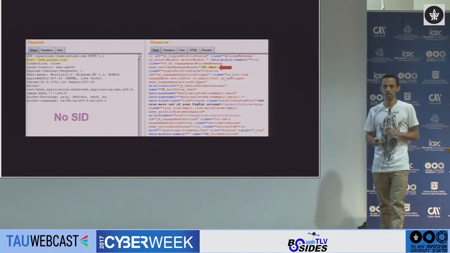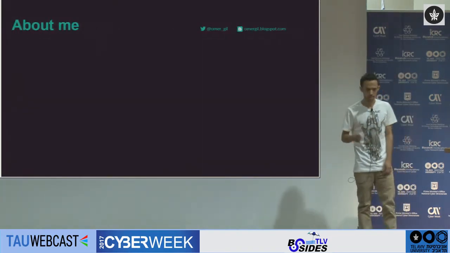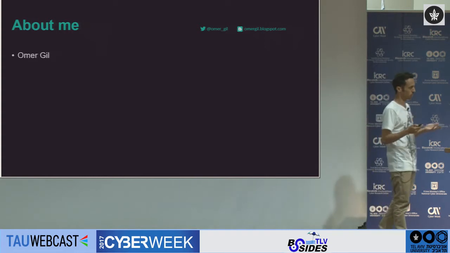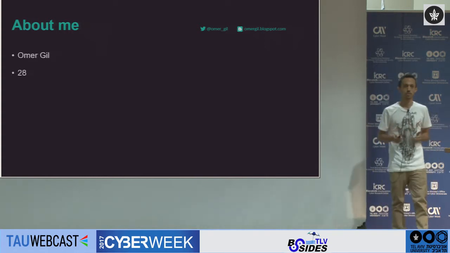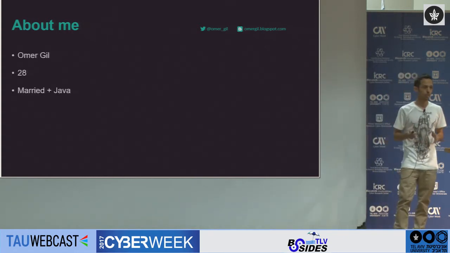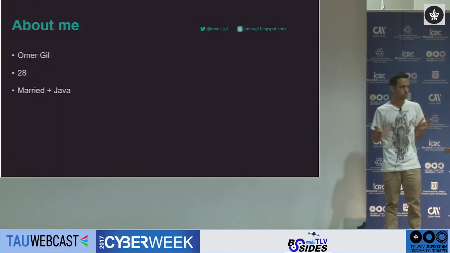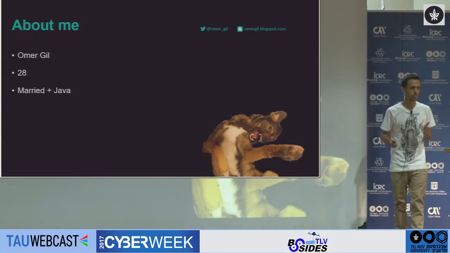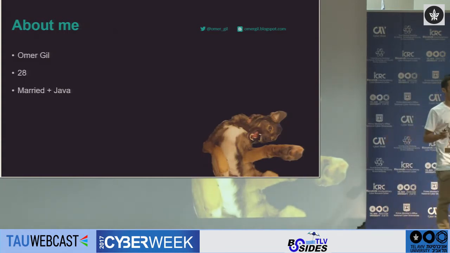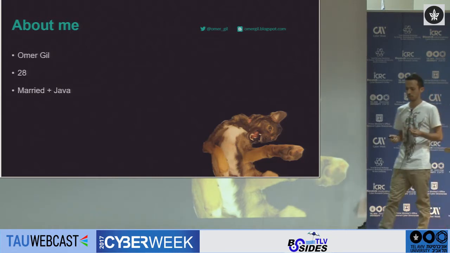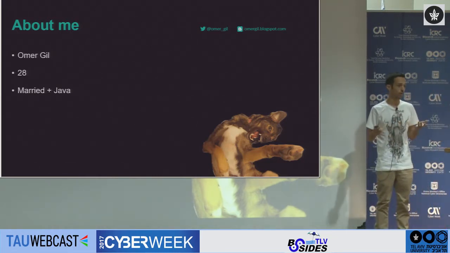So just before we begin, let me introduce myself. This is me. My name is Omer Gil. I'm 28 years old, and I'm married plus Java. Now don't worry, you didn't miss a release of a new web framework or something like that, because this is Java. She's our awesome 2-year-old dog. And you probably think now how geek you need to be in order to call your dog after a programming language, right?